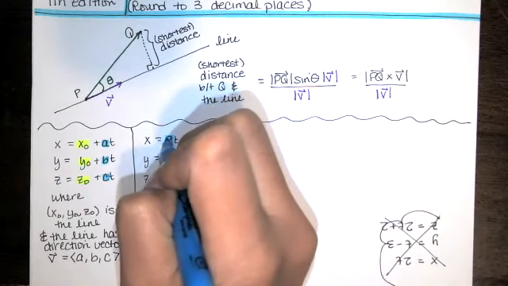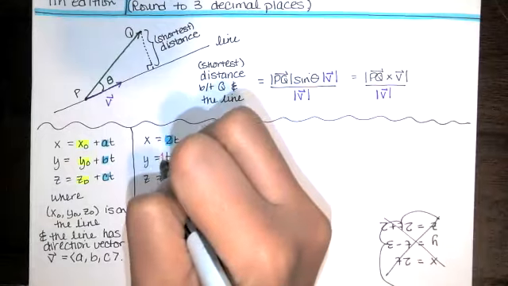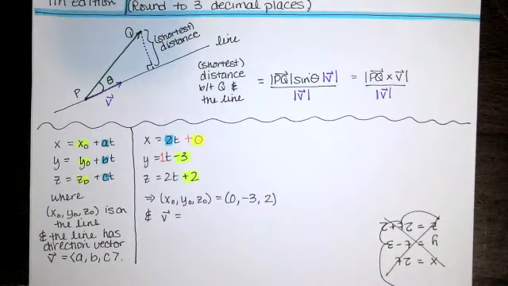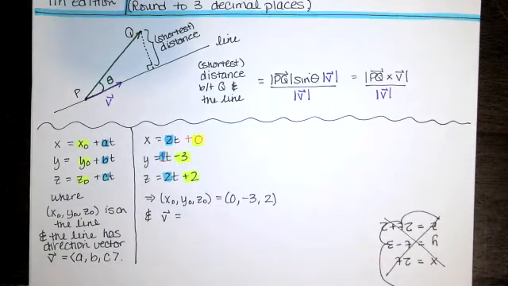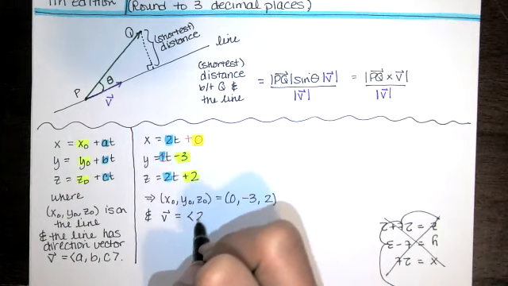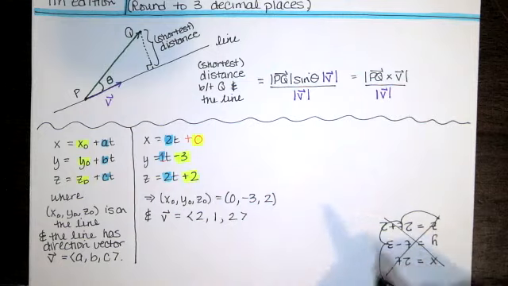In our case, there's a 2. And then here we've got an implied 1. And a 2. So our direction vector v is given by 2 times i hat plus 1 times j hat plus 2 times k hat. So that's one way that we can do this.